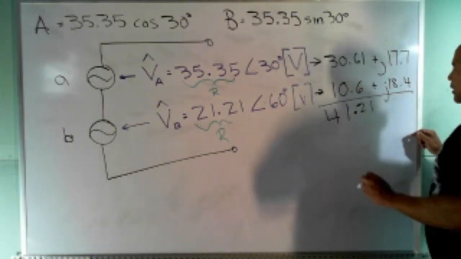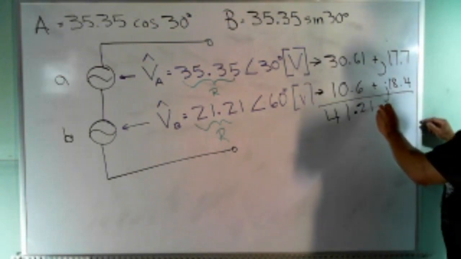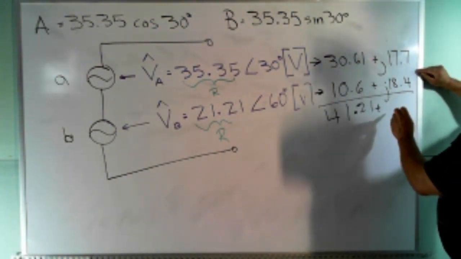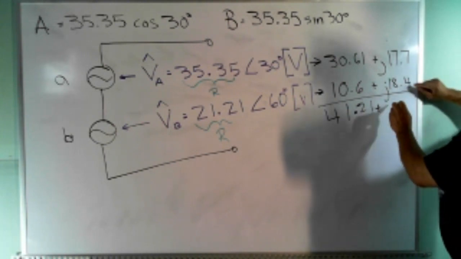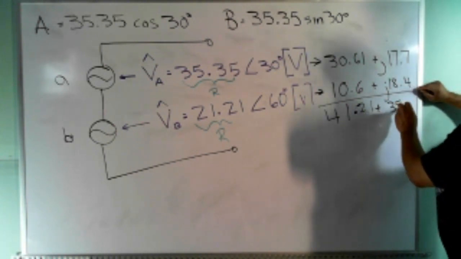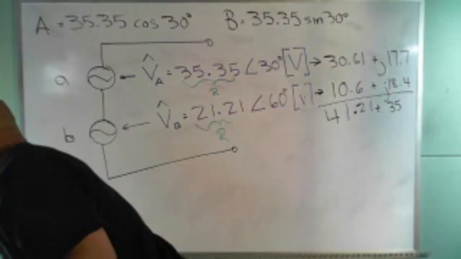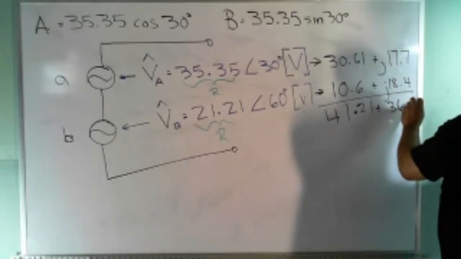Check my arithmetic because I'm not good at doing arithmetic in my head. And then here I got, what is that? That would be 15, so that would be 35. Is it 36.1? Is that right? Yeah.